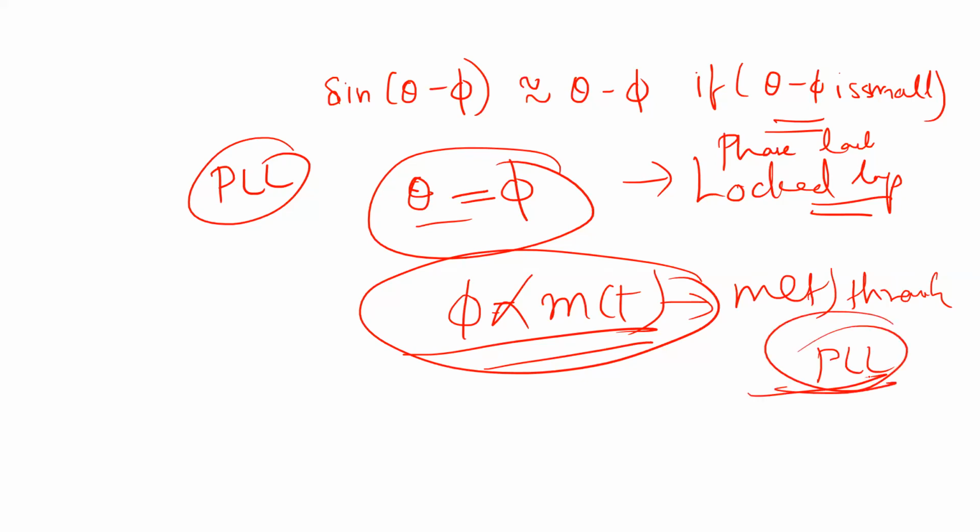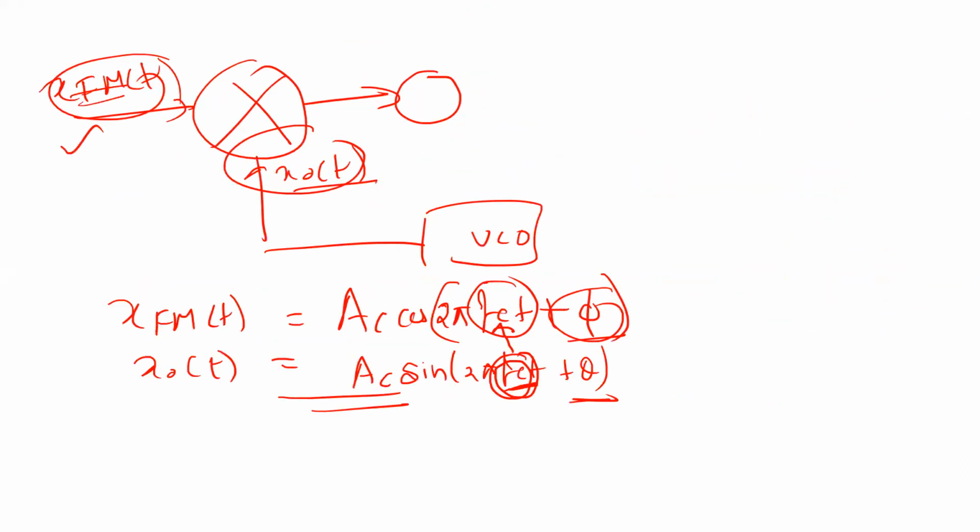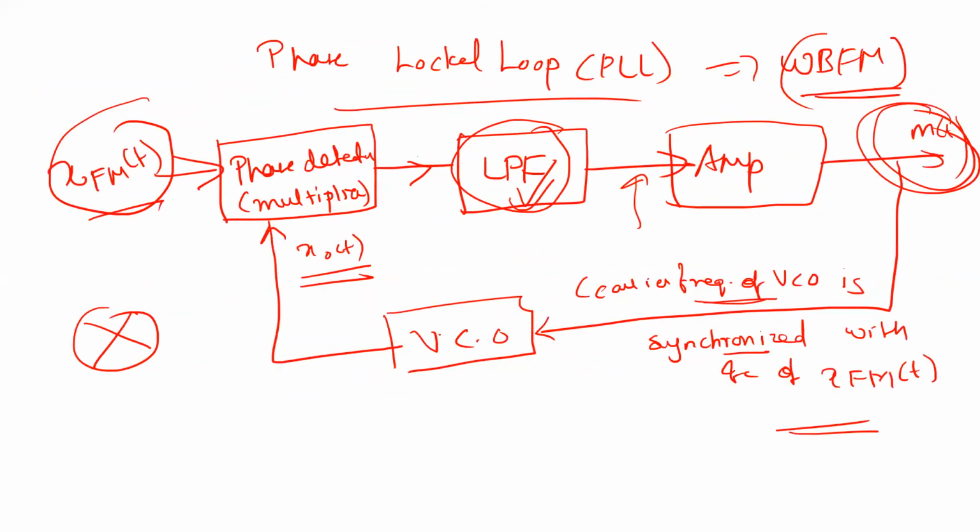I will explain the entire procedure again because it is a little complex. A phase lock loop is basically for wideband FM, wherein we have x FM of t going as the input. We have the phase detector or the multiplier, and we have the output of the voltage controlled oscillator x naught of t.